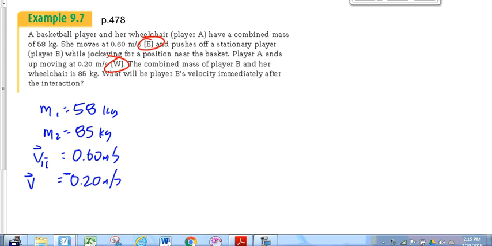Player A ends up moving at 0.2 meters per second to the west. So after they collide, player A is moving this fast. V1 or V2? Object number 1 or object number 2? Good. Yeah, V1.